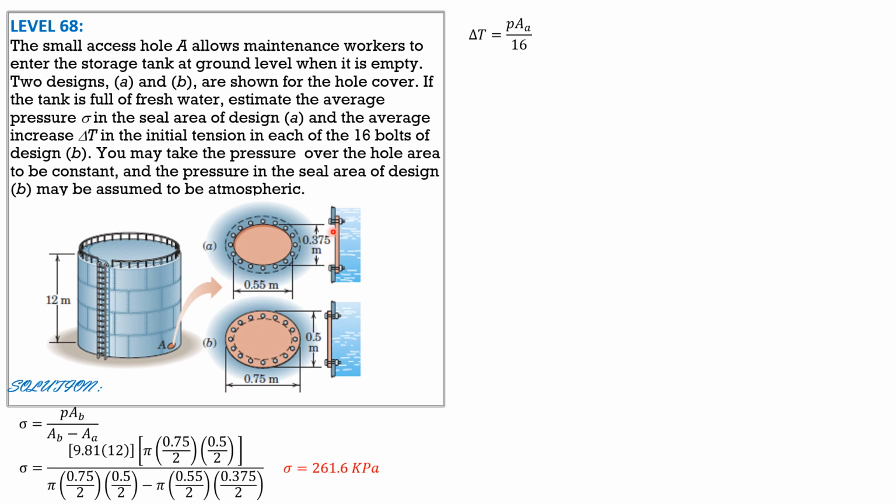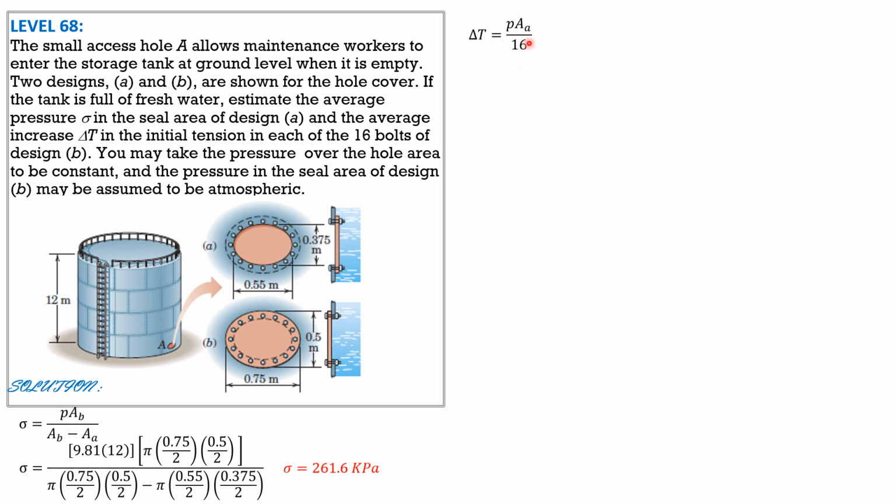That's the increase in the initial tension in each of the 16 bolts. It should be area A because that causes the stretch of the 16 bolts, because in B there is a bigger area and the seal area will hold or partially resist the force on design A.